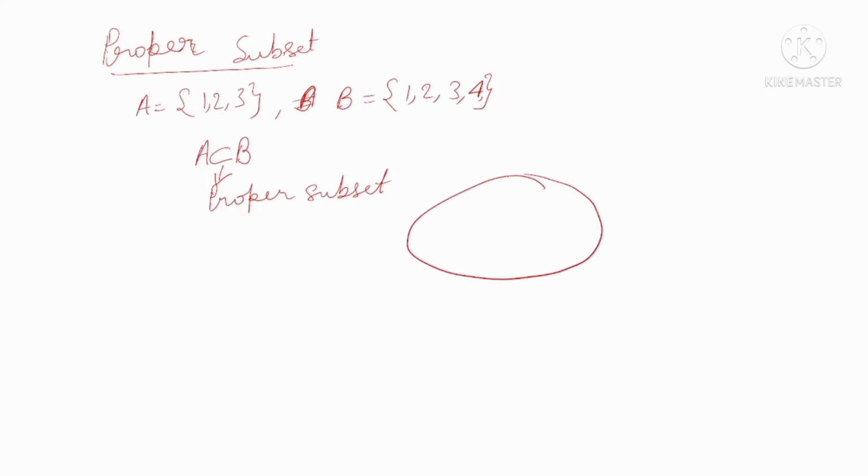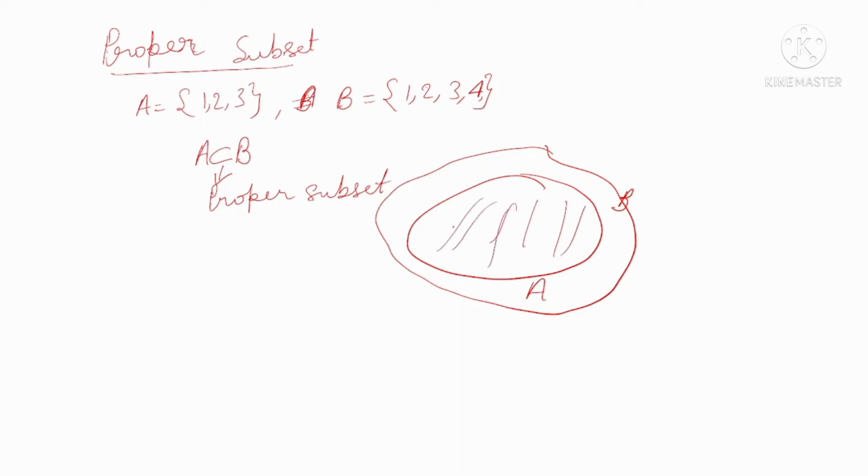Now you see this is set A, and another one is B. You can see here, since A is present in B, that's why A is a proper subset of B.